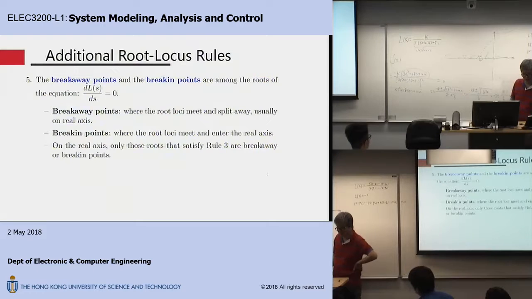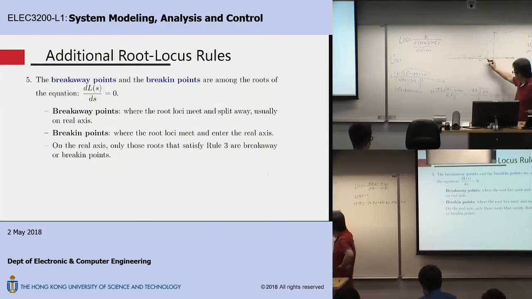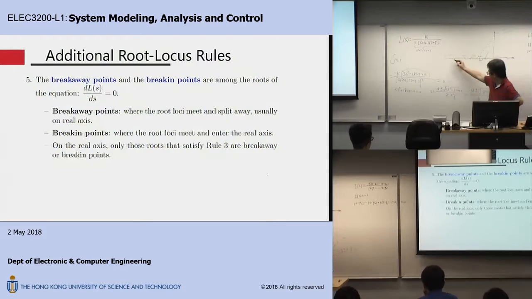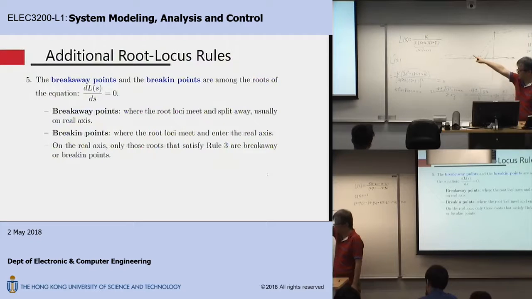You don't want the closed loop poles to be somewhere here. That's definitely bad. You don't want the closed loop poles to be very near this axis. That's also bad, right? So if my desirable closed loop poles are maybe somewhere here, somewhere there, then you can find the design k that matches them.